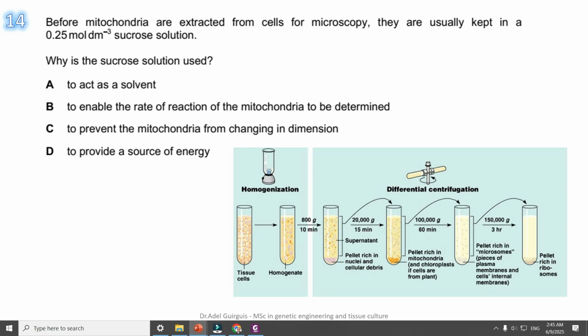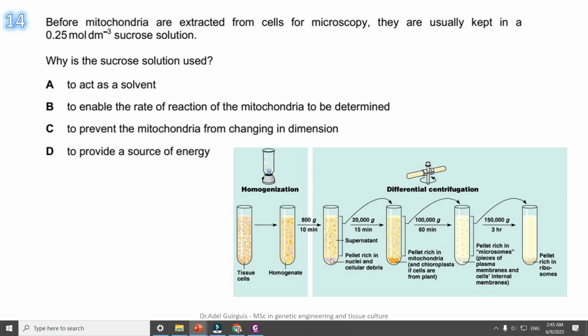It depends on a device called a centrifuge, where we centrifuge samples of homogenized tissue, any tissue, for certain rounds per speed of the centrifuge. We obtain different pellets at each time.